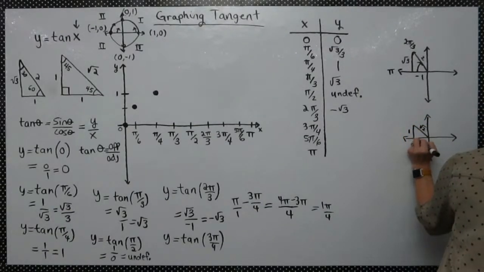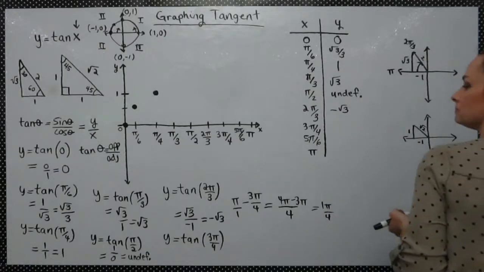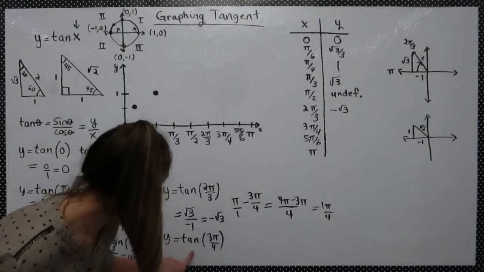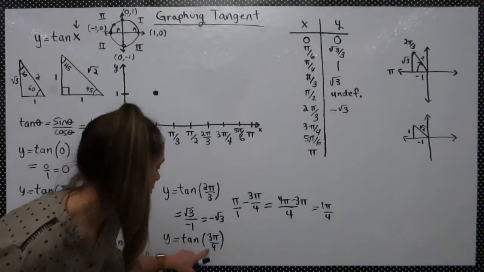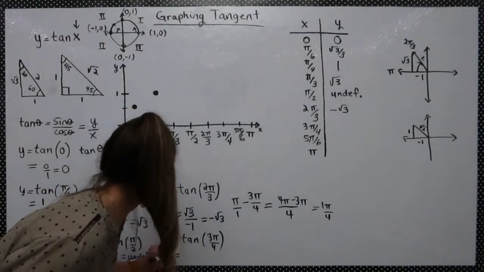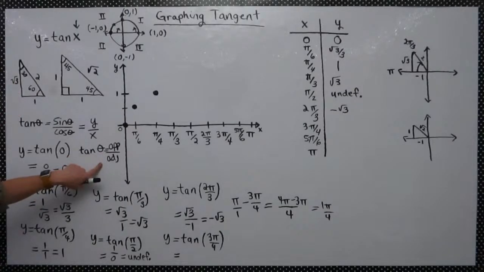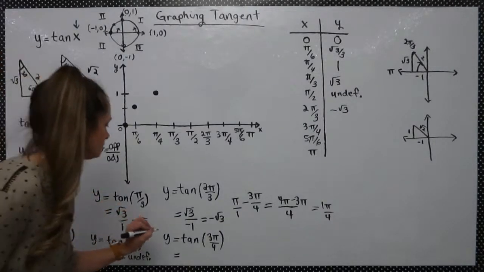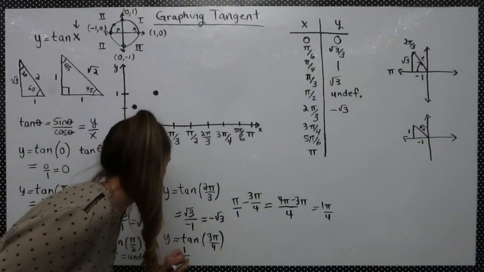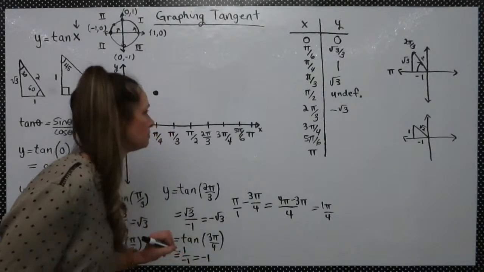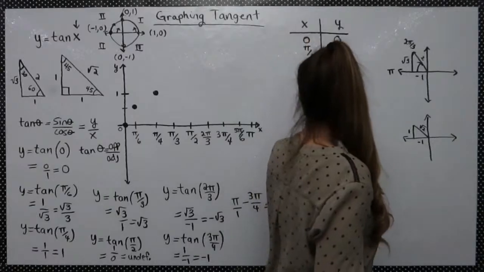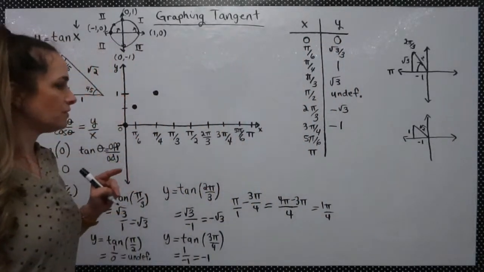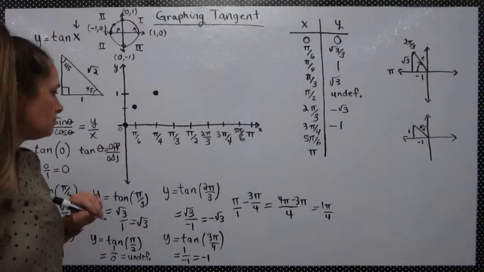And remember that 1 is negative. So we have y equals tangent of 3 pi over 4 here. And that is going to equal our rule, opposite over adjacent. So I'm looking here, opposite is 1, adjacent is -1, and that's going to give me -1 for my value. So I'll put -1 here for 3 pi over 4. I've got 2 more values to calculate, so I'm almost there.